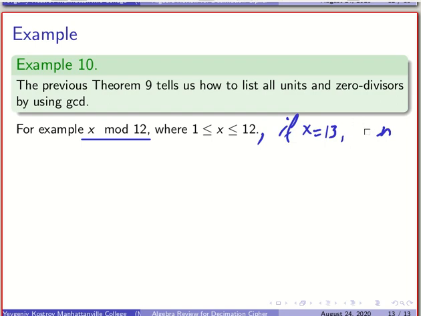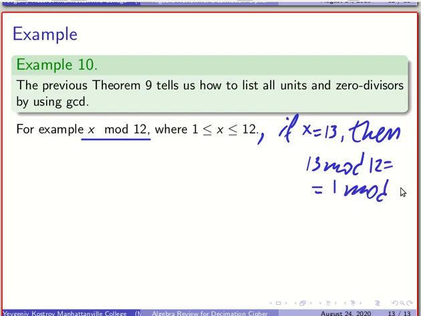That's the beauty of modular calculation, that you don't need all of the numbers, you only need numbers between 1 and 12. So what is 13 mod 12? Since 13 is bigger than 12, we can take the difference between 13 and 12, so we're going to get 1 mod 12, but 1 is in this list. So any number bigger than 12 will wrap around and will be between 1 and 12, right?